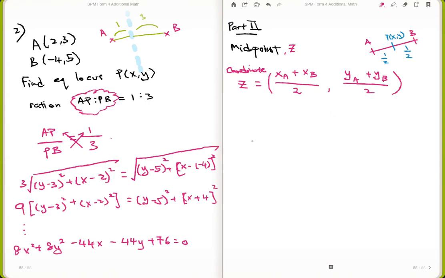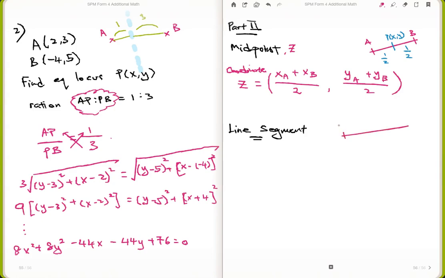Now the next part would be a line segment. Now line segment will be slightly advanced, but if you follow my way of doing it, I'm sure you will remember how to do it, even 2 years later.